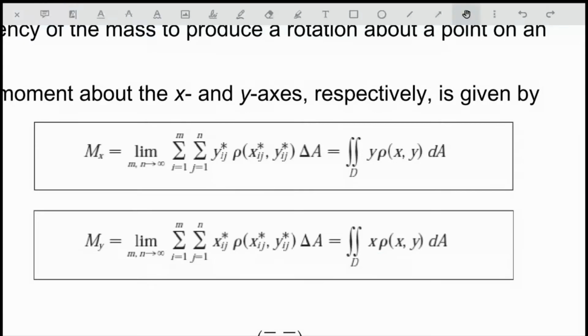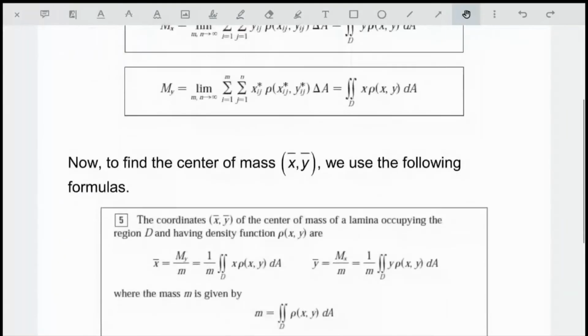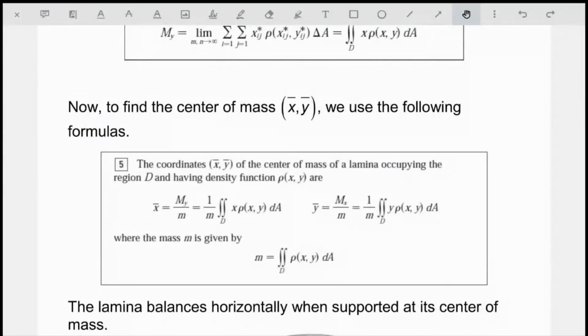Okay, so when we have calculated those moments, if we want the center of mass, all we have to do is take the moment and divide by our mass, and that's giving you that point where everything's going to average out. You can almost think of it like an average function value.